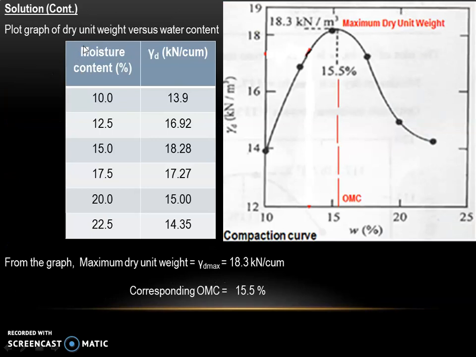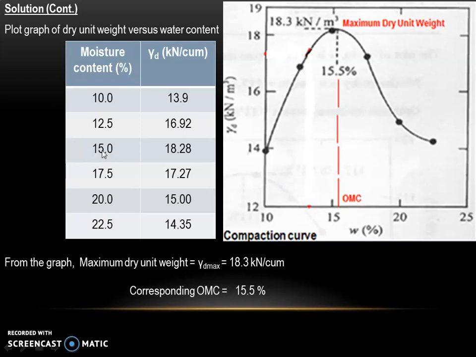Now we have the values of moisture content and gamma D with which we can plot the compaction curve. Note down the values of gamma D on the y-axis and the values of water content on the x-axis. For the first trial, moisture content is 10%, and the value of gamma D is 13.9. For the second trial, W is 12.5 and gamma D is 16.92.